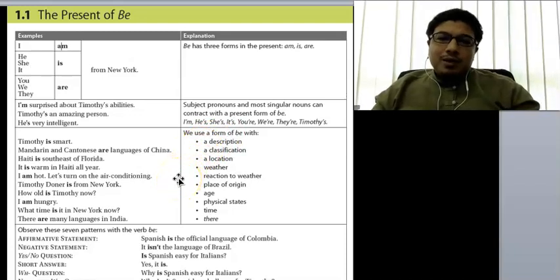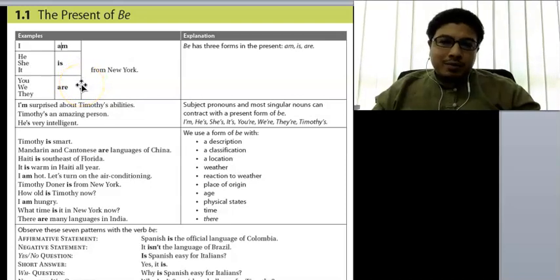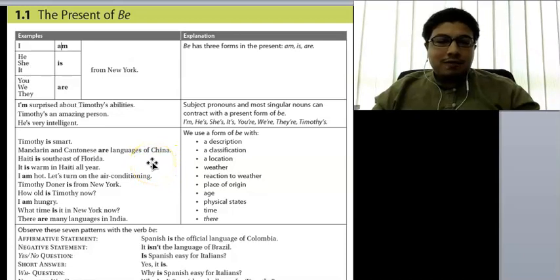Normally when we have be verbs here, is, are, or am, when we're talking about present tense, we use them to talk about a location. For example, Haiti is southeast of Florida, or Kelantan is northeast of Malaysia.